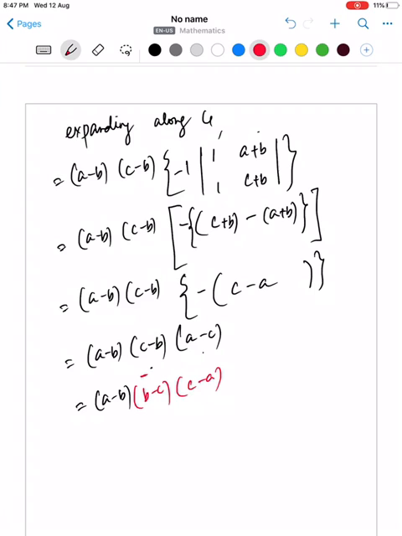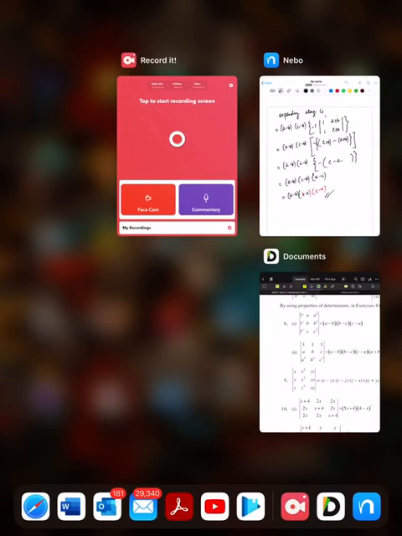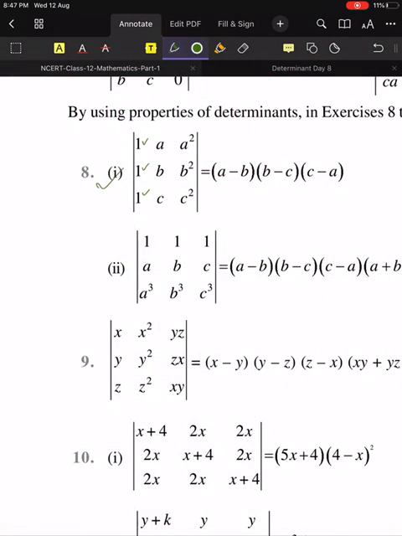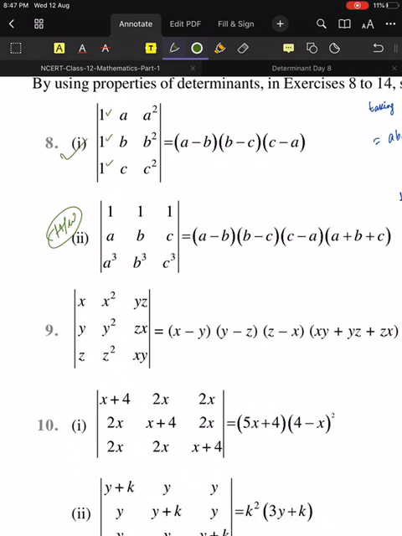And if I take minus from here, it becomes C minus A, and this minus minus becomes plus. Clear? Yes, sir. So that's how we get to the answer. So this one is finished. This one will be homework.